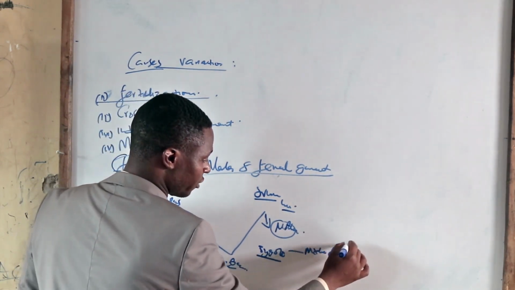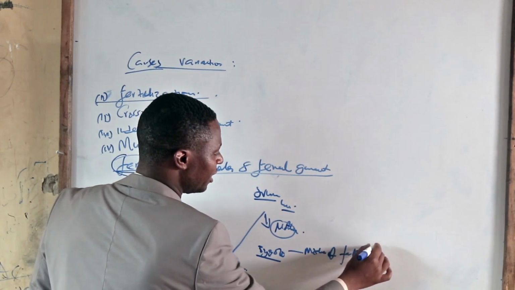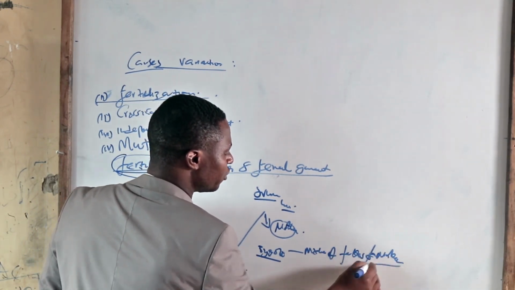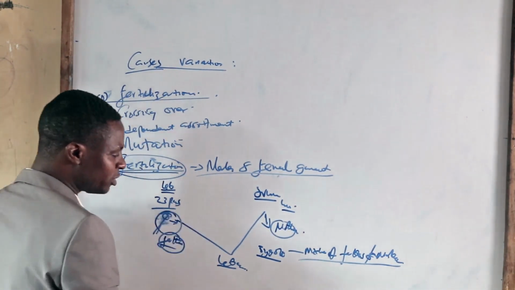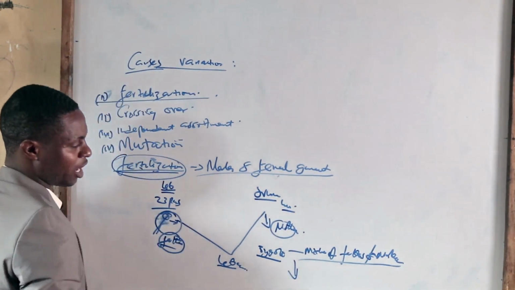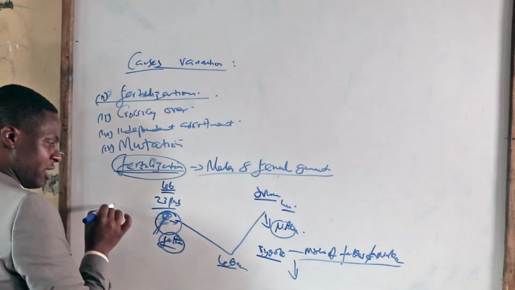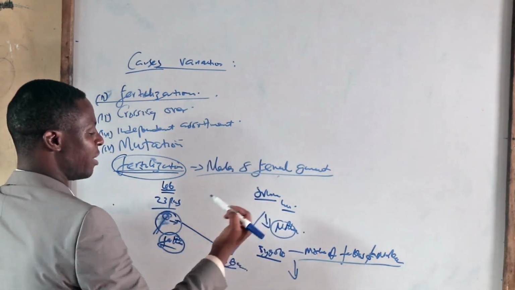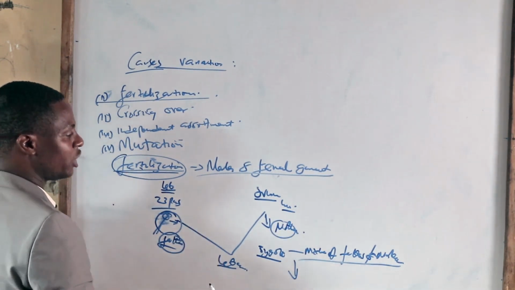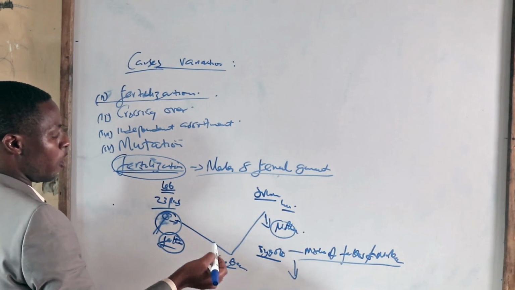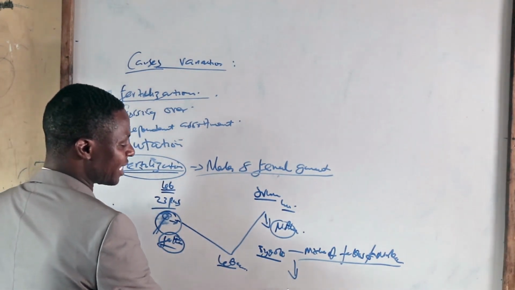Now, when the sperm cell and the ovum fuse, forming a diploid zygote, that zygote comprises a mixture of characteristics of the father and characteristics of what? The mother. So you realize that the offspring, or the child that will come out from there, is going to have some characteristics of the father and some characteristics of the mother. So the child is a blending of the two organisms, with blended characteristics.